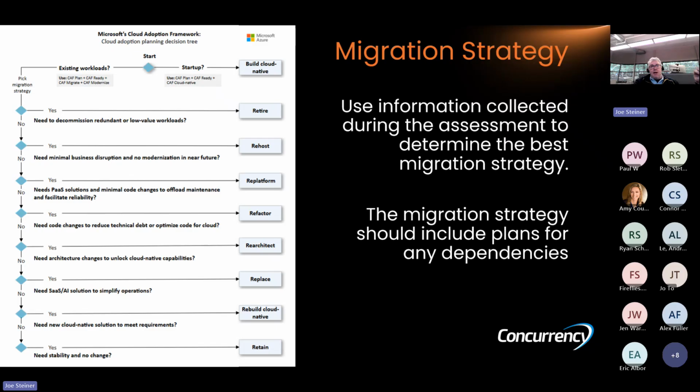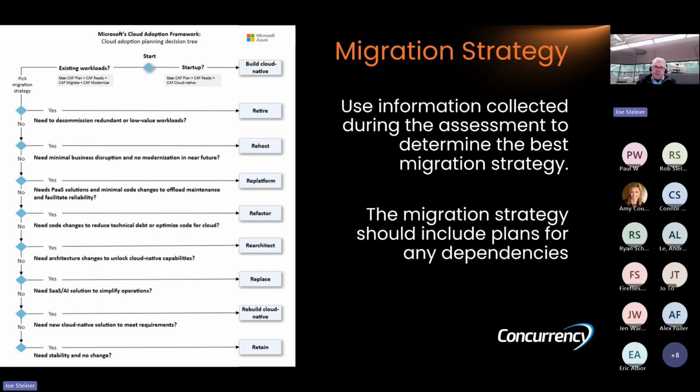So all that information that we've collected, the performance of the application, the requirements, different aspects of the underlying database, the application code, that then comes into, okay, what is going to be my migration strategy? And here's a very simple version of that Microsoft has as part of the Cloud Adoption Framework in terms of recommendations for how to proceed.